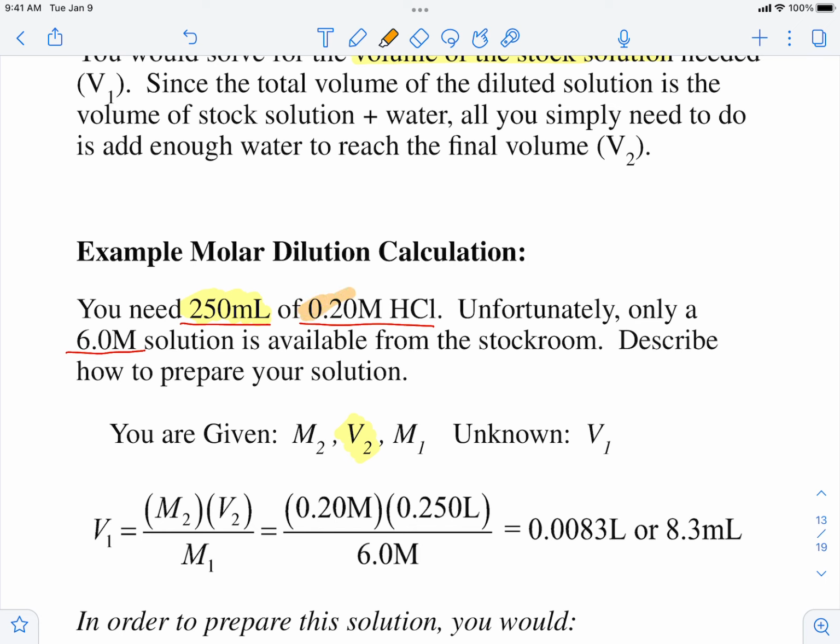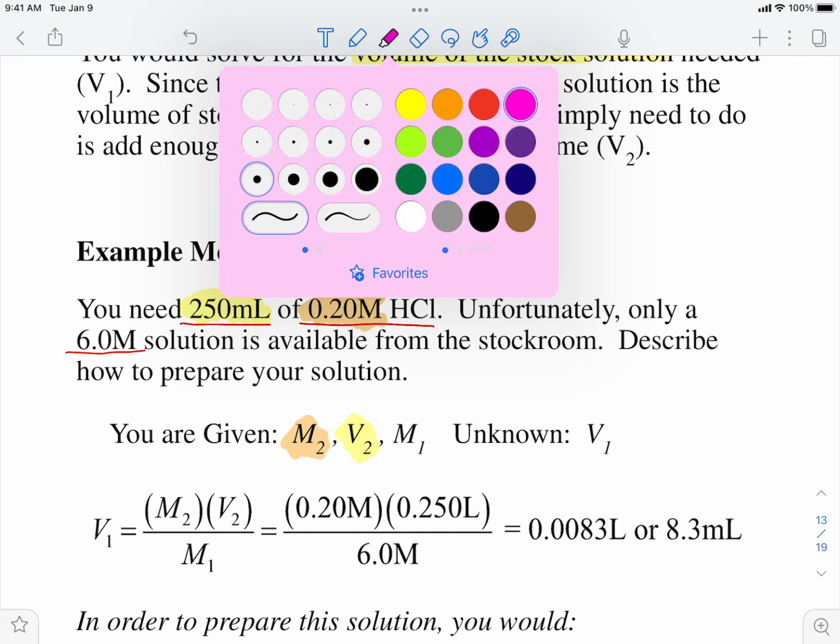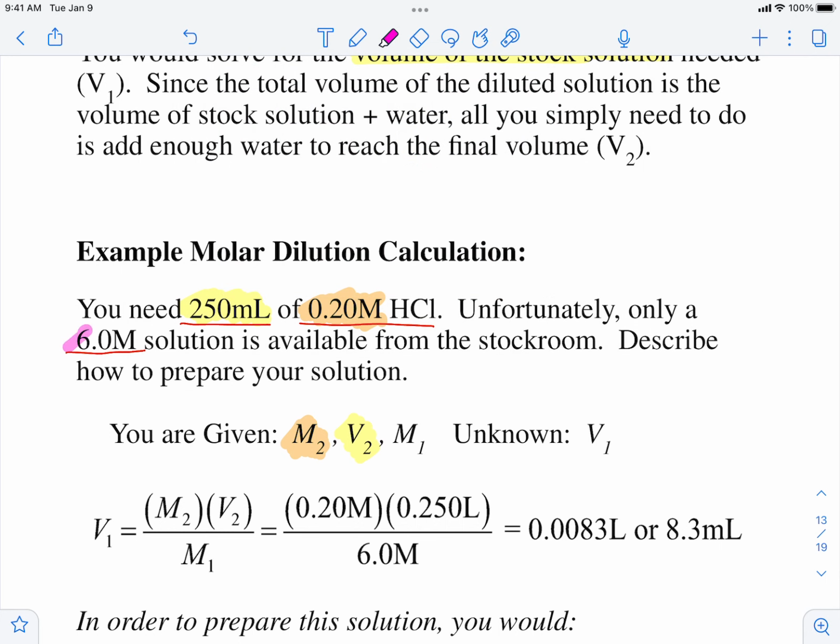If the molarity that I'm trying to make is 0.2 molar, that is the end molarity. So that's M2. And the 6 molar is what you have to start with. That's M1. So here the goal is to find how much of the stock solution, or V1.